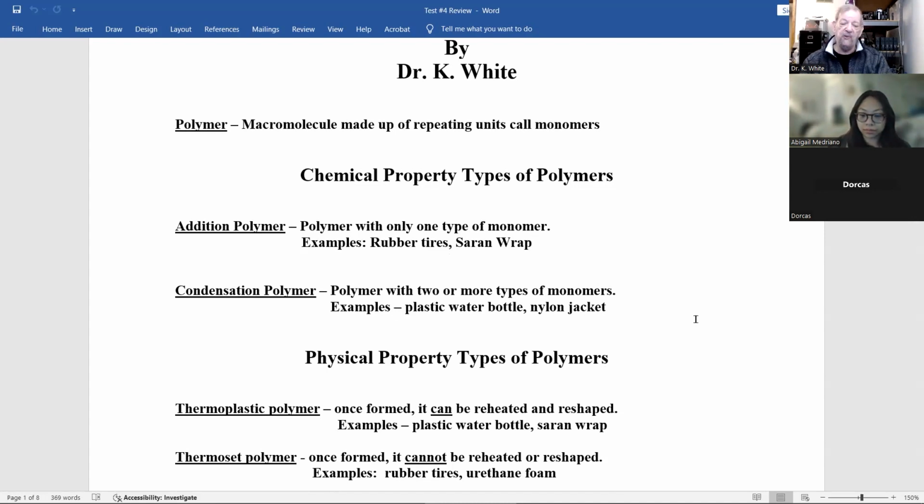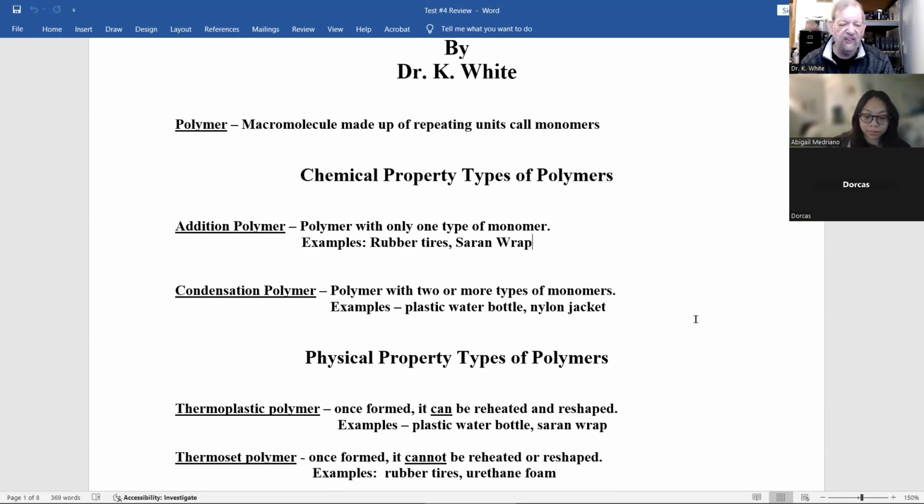And examples, which you should also know, rubber things like your rubber car tires are addition polymers, and saran wrap, otherwise known as plastic wrap, used in the kitchen, is an addition polymer.